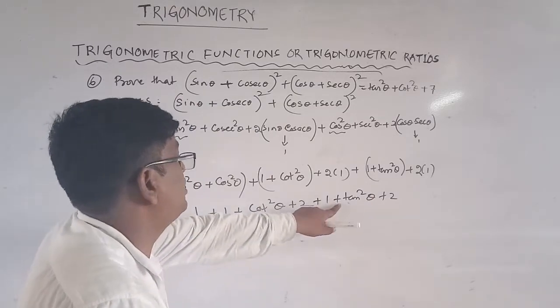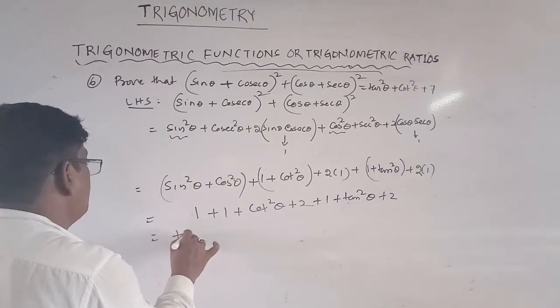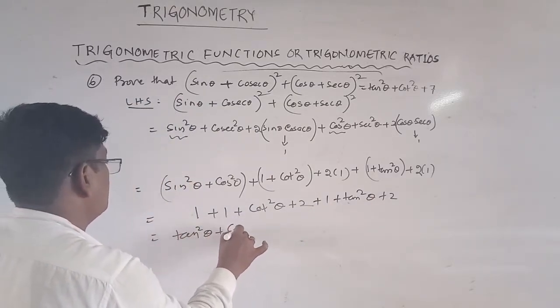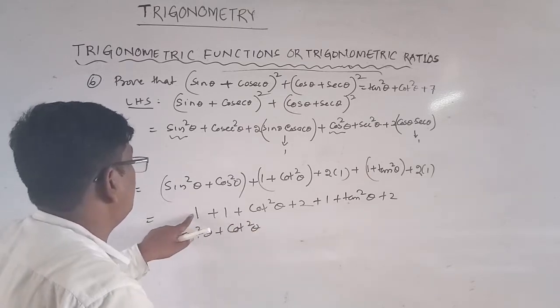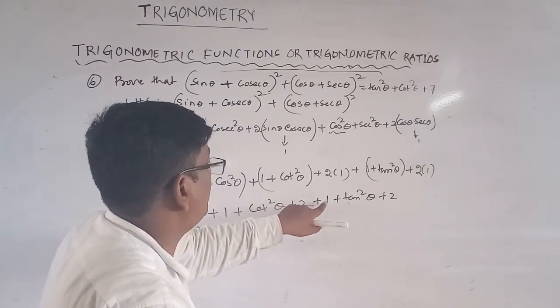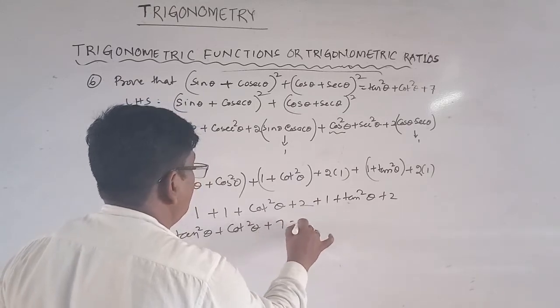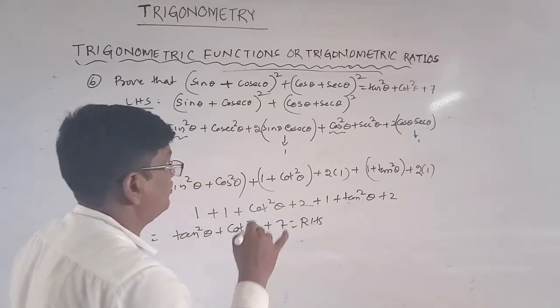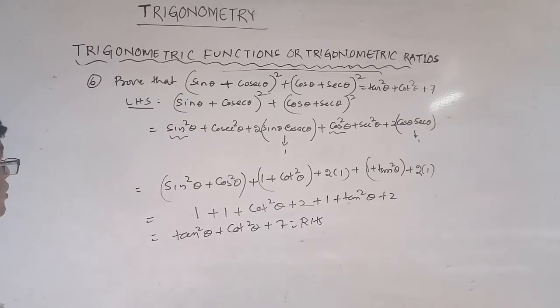So this is tan square theta plus cot square theta, adding 1, 1, 2, 2 gives 4, 5, and this is 7, RHS. This is question number 6.